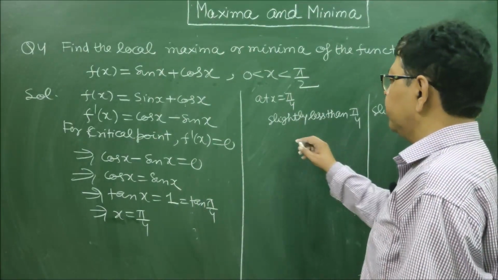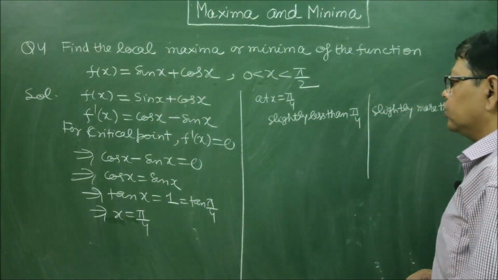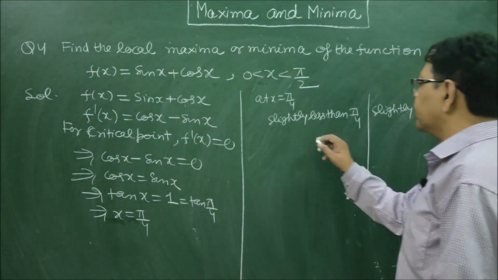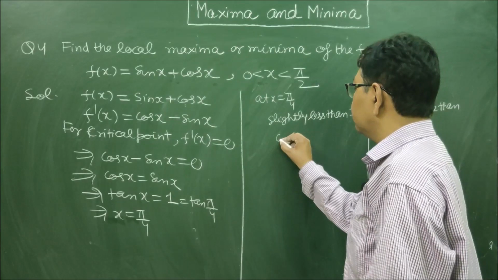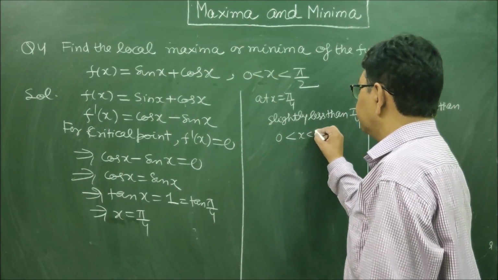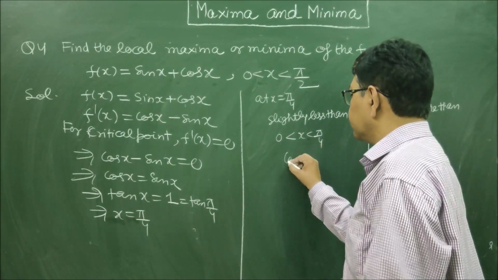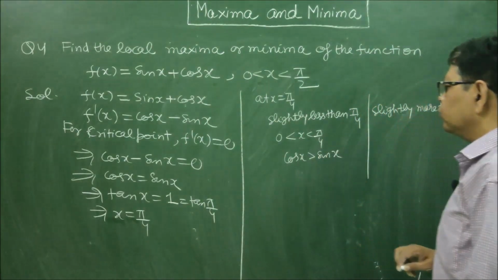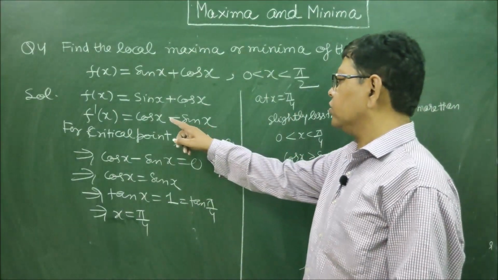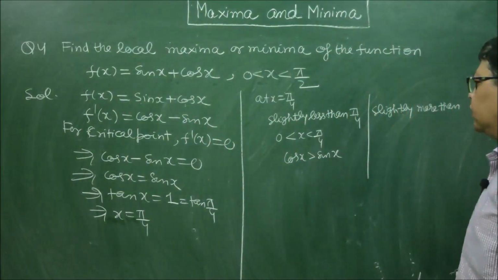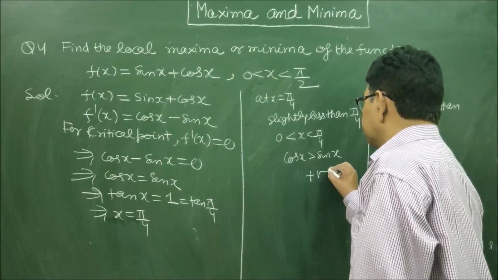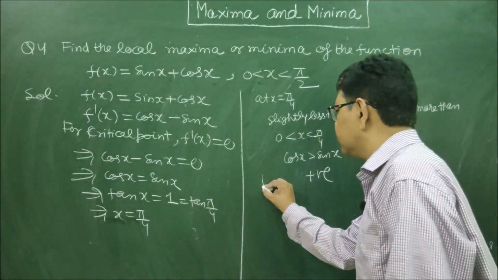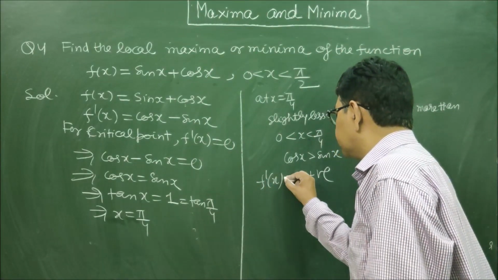Slightly less than pi by 4, when the angle lies between 0 and pi by 4, cos x is greater than sin x. So the value of cos x minus sin x is positive when x is slightly less than pi by 4, and f dash x has a positive sign.